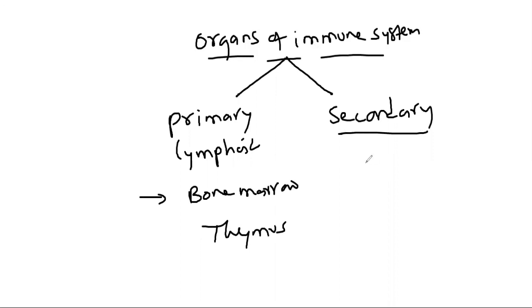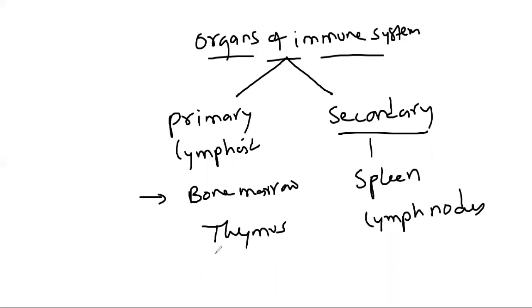Here, the secondary lymphoid organs: spleen and other lymph nodes. All come under secondary lymphoid organs.